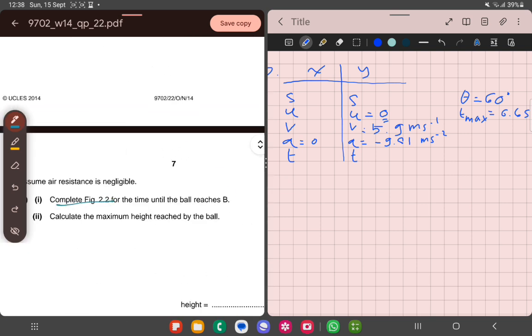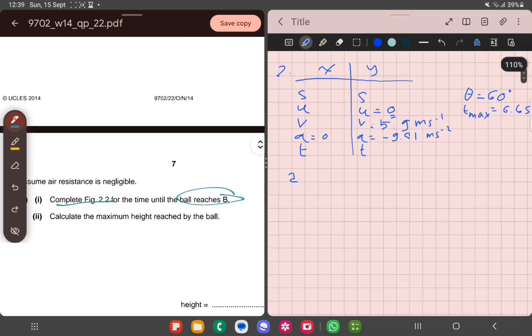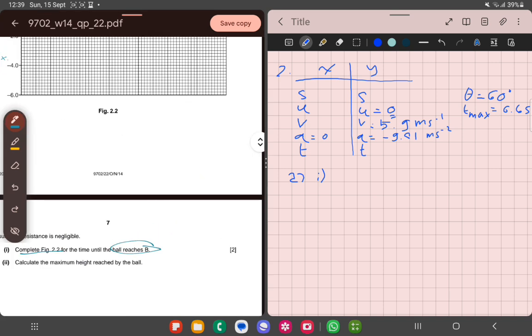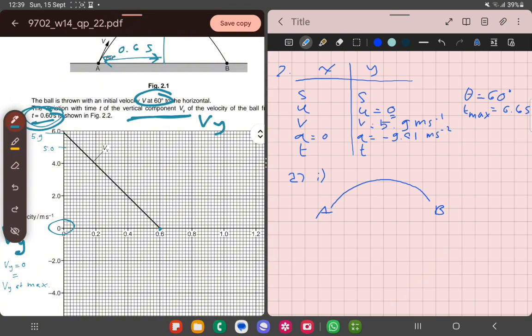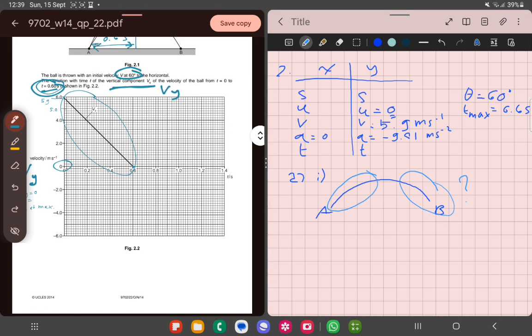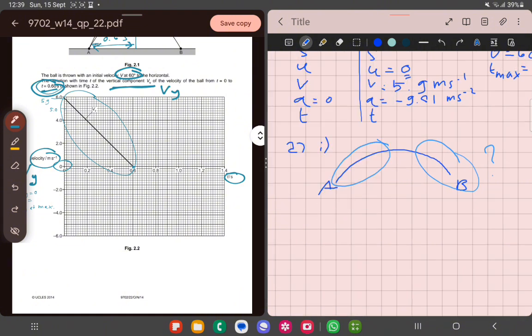Next, the first question states that we have to complete the graph. Now we can see that the graph is only shown until the ball reaches the maximum height, as the line ends at the x-axis. So we have to draw the graph when the ball is going down.